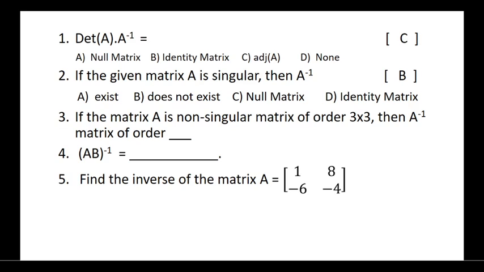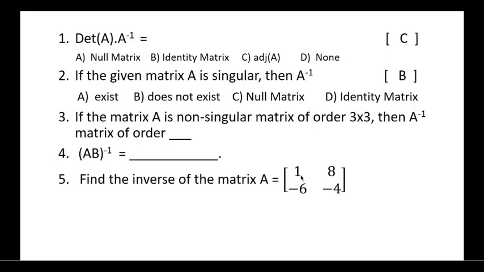Now for one problem, we find the inverse of a matrix. To find the inverse of any matrix, first we have to calculate its determinant and adjoint matrix. Take the matrix A containing 2 rows and 2 columns.